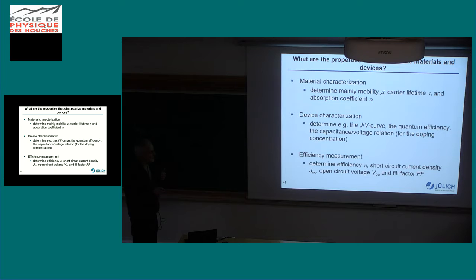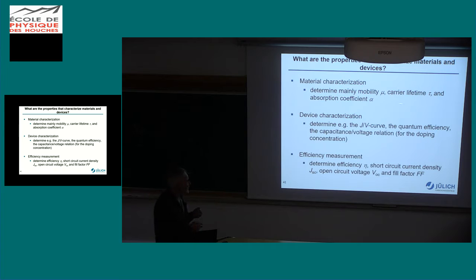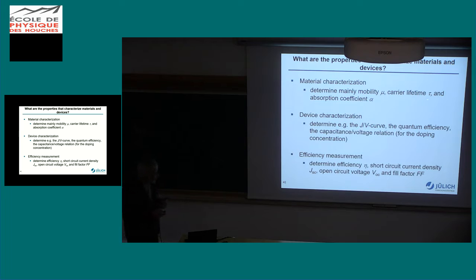So that's the mobility of the charge carriers, the charge carrier lifetime, and the absorption coefficient. And all 3 of them have to be as large as possible. So the carrier lifetime is somehow limited by the radiative lifetime, because radiative lifetime and light absorption are connected.